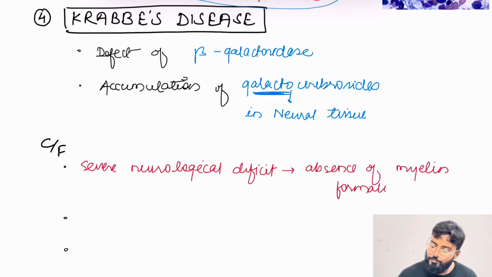Absence of myelin sheath formation. The myelin sheath won't be formed at all, so that's why you are going to see severe neurological deficit in case of Krabbe's disease, because the substrate responsible here is your galactocerebrosides, which is mainly found in neural tissues.